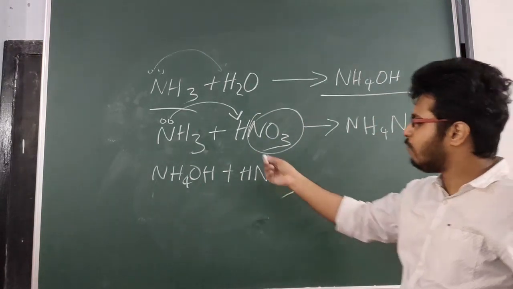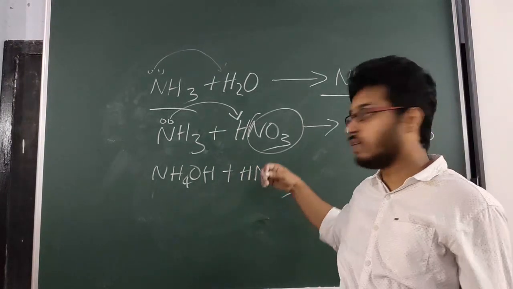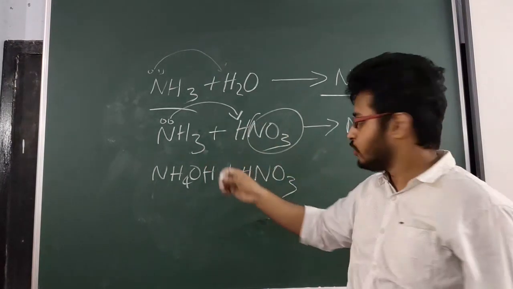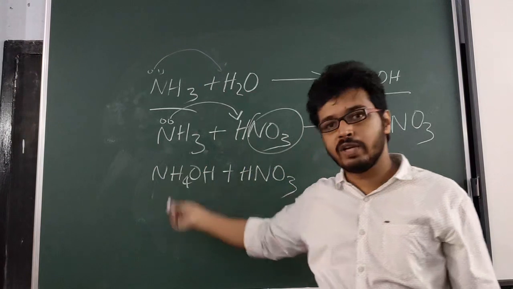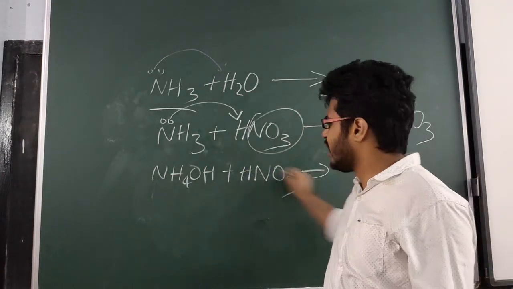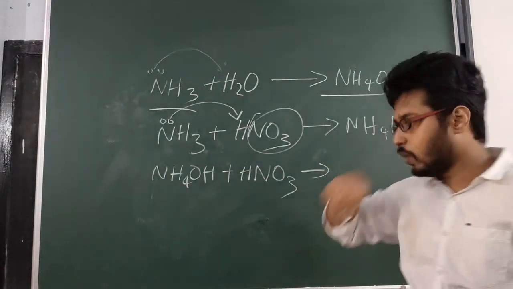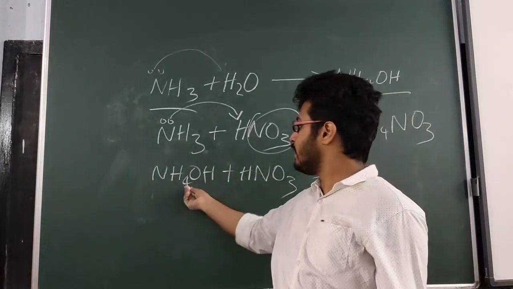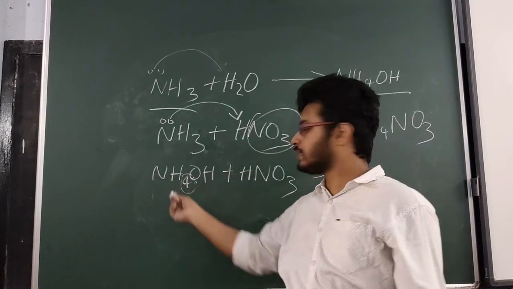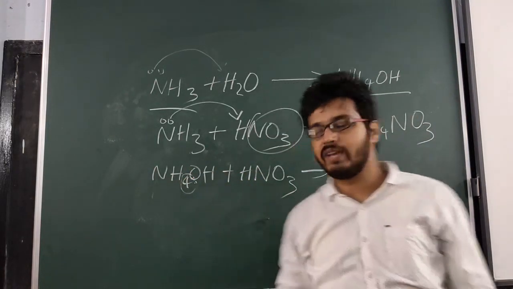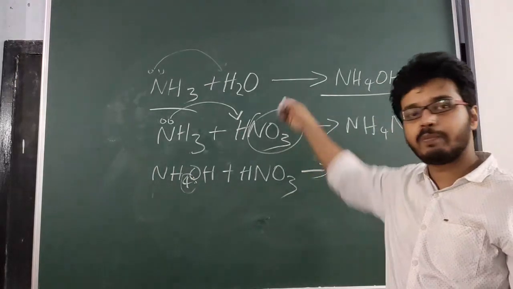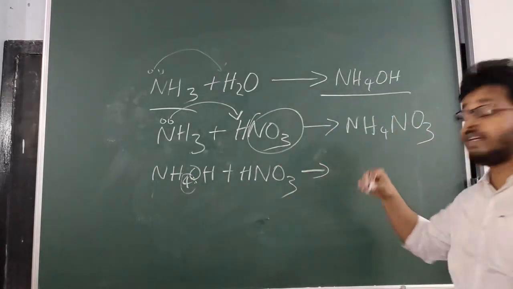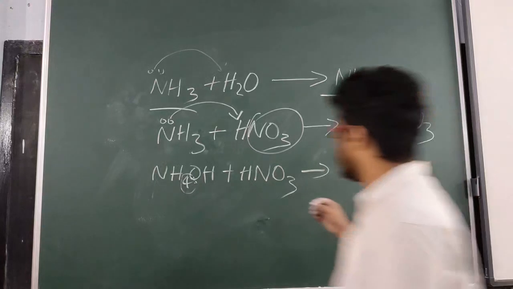So what happens if ammonium hydroxide is reacting instead of ammonia? Here it is already an ammonium ion, so it does not have any free lone pair. The lone pair is already occupied with one extra hydrogen, so it has no lone pair to attack like in the previous reaction. So it will be a simple crisscross reaction.